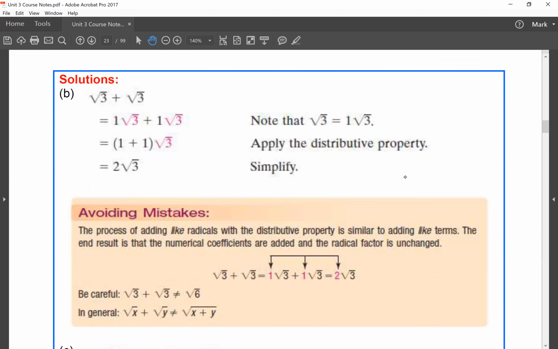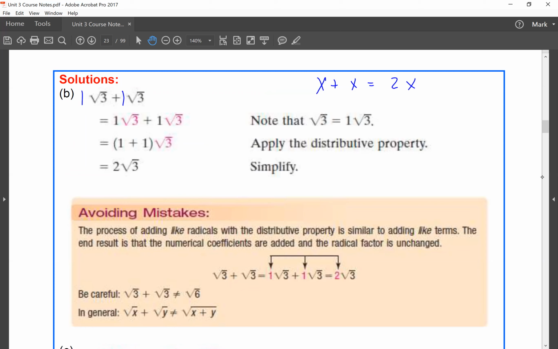So one thing you'll notice is there's actually ones in front of these. Like, if I said x plus x, you would say 2x. So root 3 plus root 3, don't say 9, don't say 3, don't get confused. Just put them together. It would be 2 root 3. I wonder if your calculator does that.